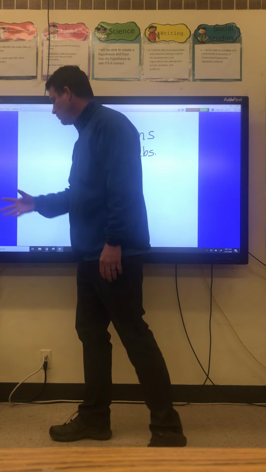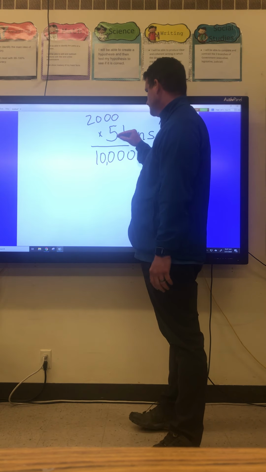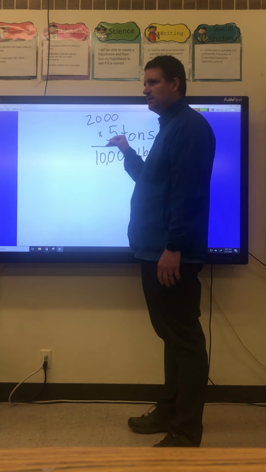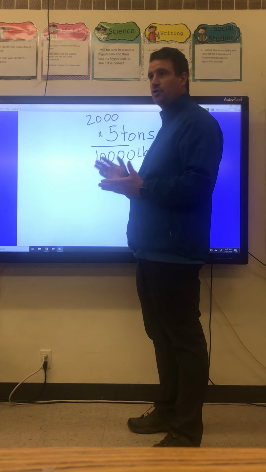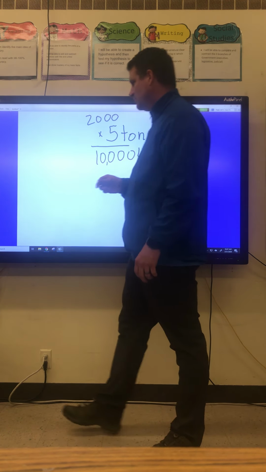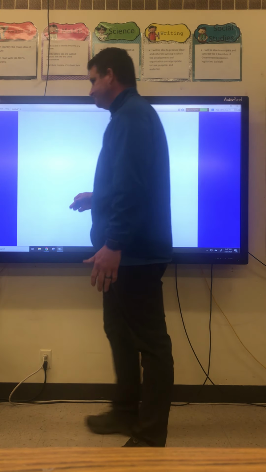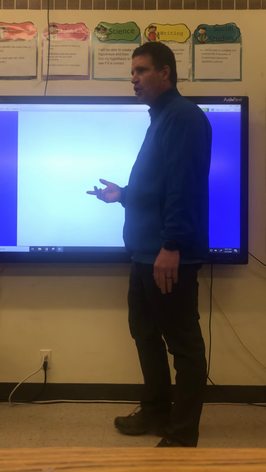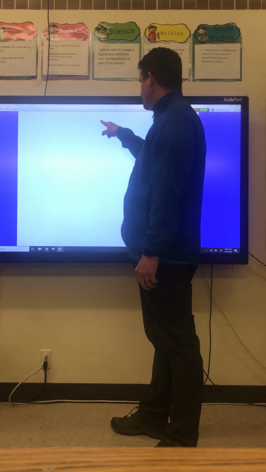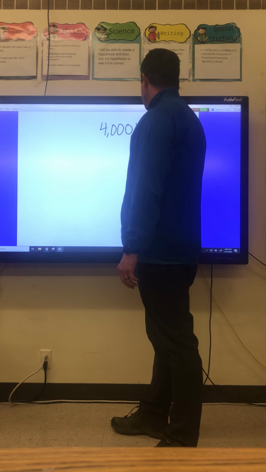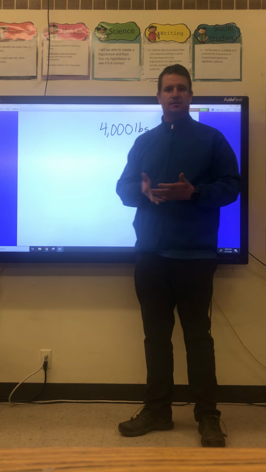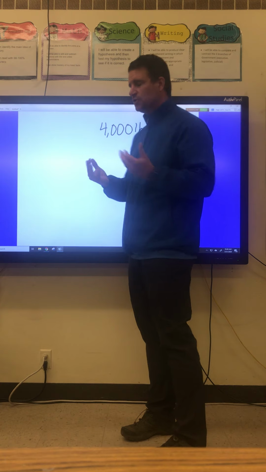Another way, remember, when we're going from big to smaller, the number's going to get larger. From smaller to larger, the number's going to get smaller. So let's say a car weighs about 4,000 pounds. And we want to know how many tons it weighs. So we'd have to divide.